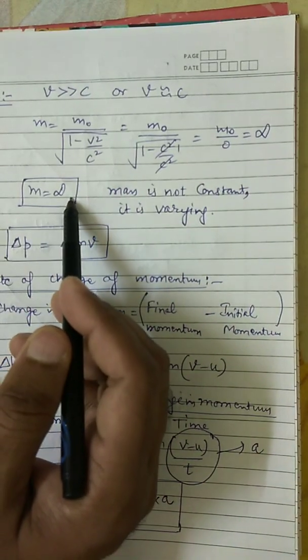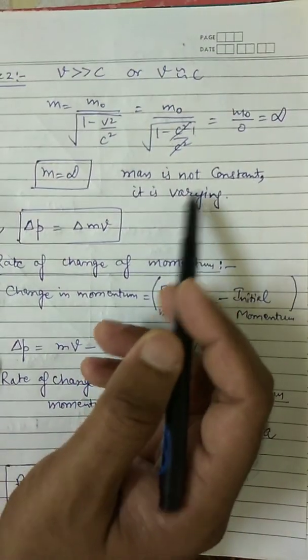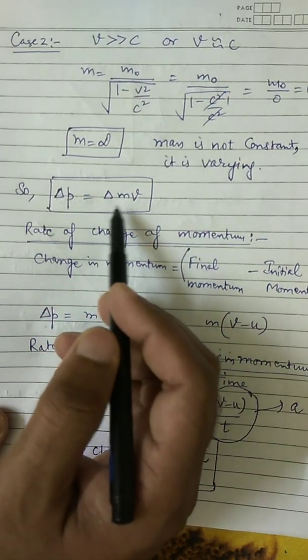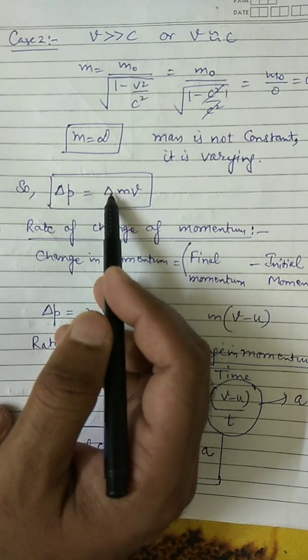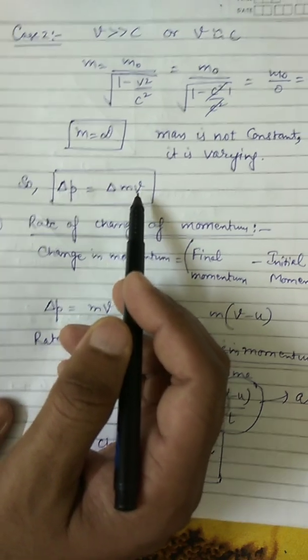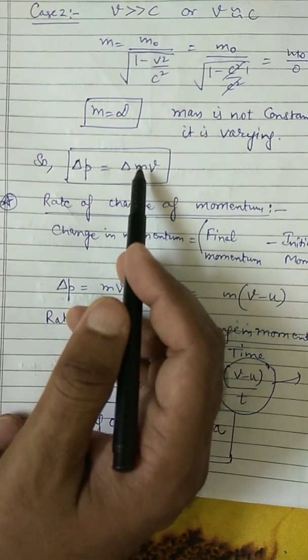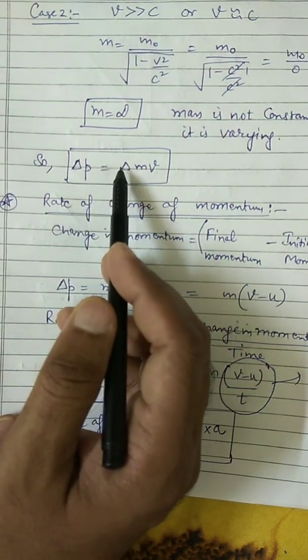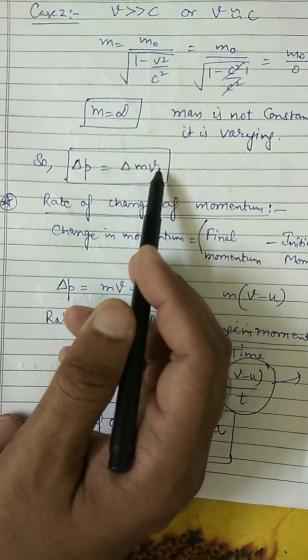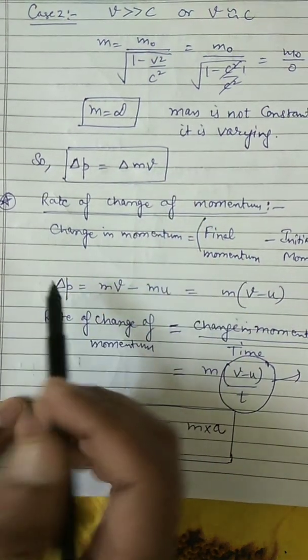So m is approaching infinity, meaning m is not constant, it is varying. So delta p is equal to delta, which is change, will come for mass as well as for velocity. We can't take mass out of this delta, so delta will be common for mass and velocity. So this is a very important expression.